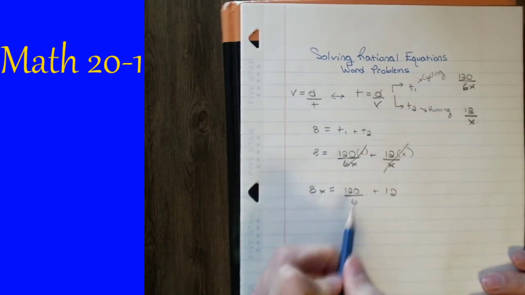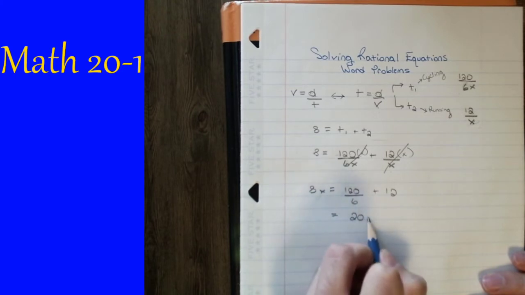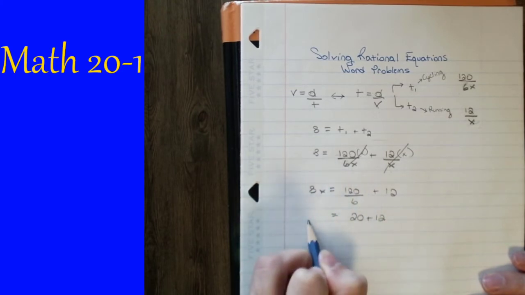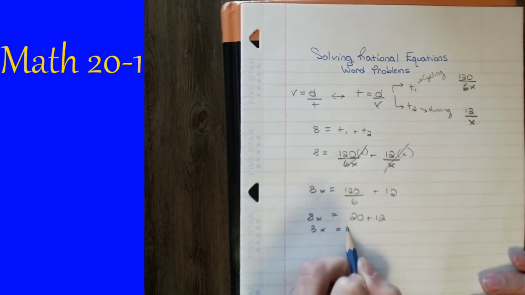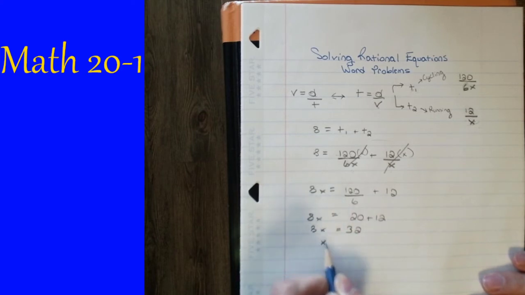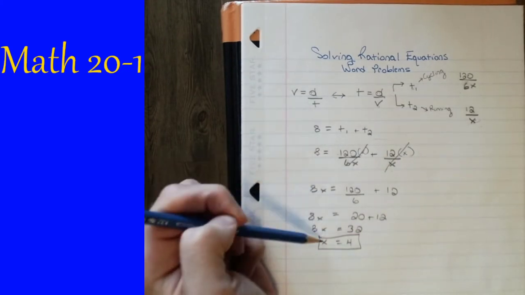Okay, well, 120 over 6, that's just 20 plus 12 is equal to 8x. And so, therefore, 8x is equal to 32, and x is equal to 4. Have myself an answer. So, that's our solving process.